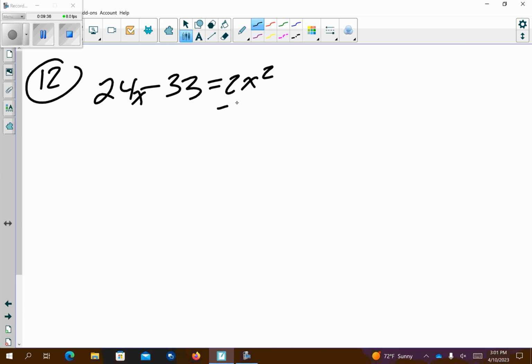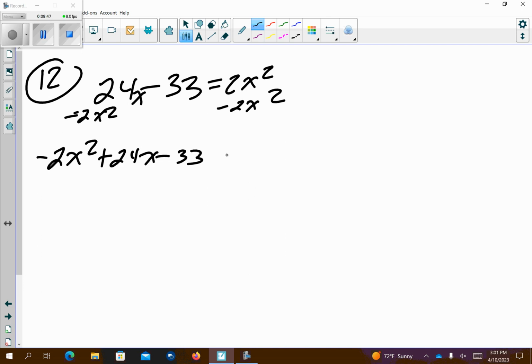Let's try this one. I need to move my 2x squared over here. So I'm going to get negative 2x squared plus 24x minus 33. These are pretty big numbers. Let's try it. A equals negative 2, b equals 24, c equals negative 33.